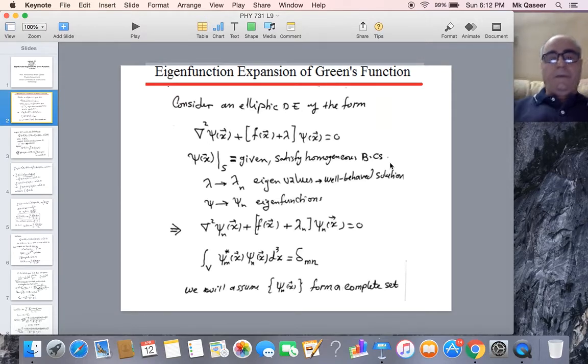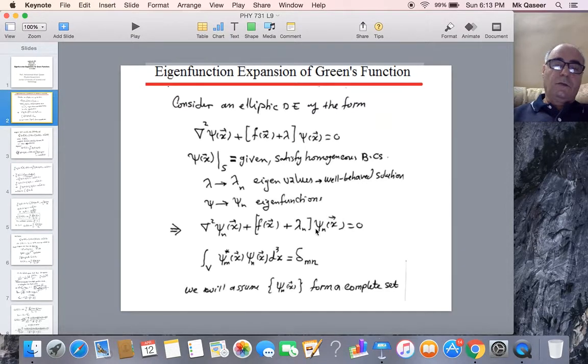Now let us replace in this equation lambda by an eigenvalue and psi by psi sub n, some eigenfunctions. So psi sub n is well behaved in this case, finite and continuous. Now rewrite this as del squared psi sub n plus f of x plus lambda n psi sub n of x equals 0.